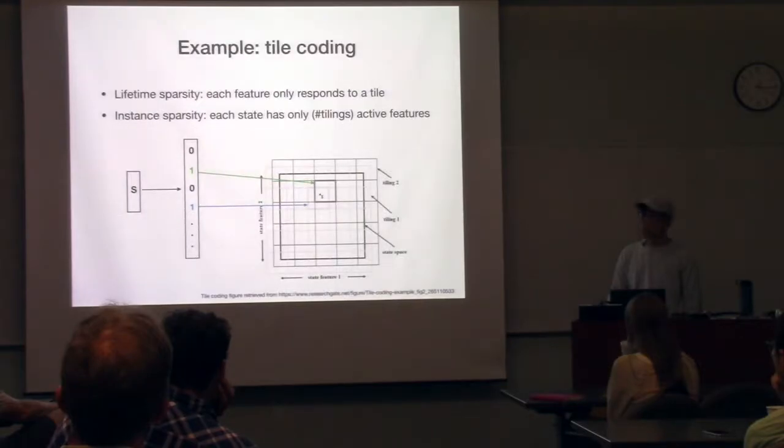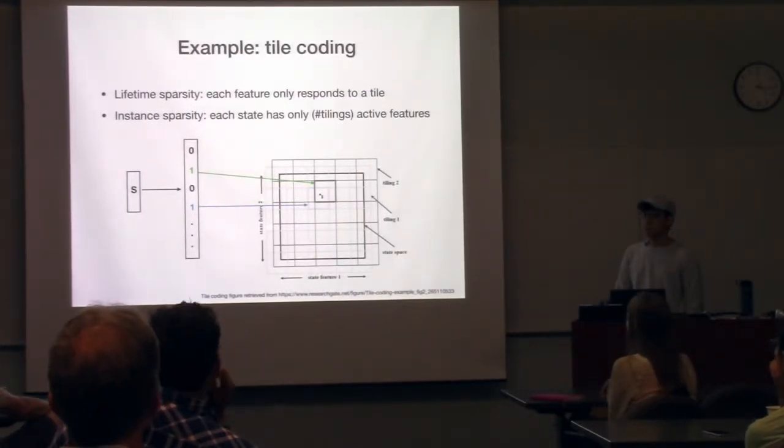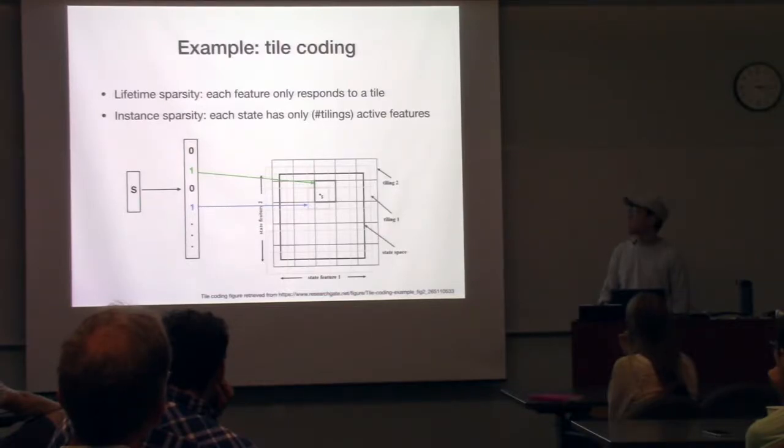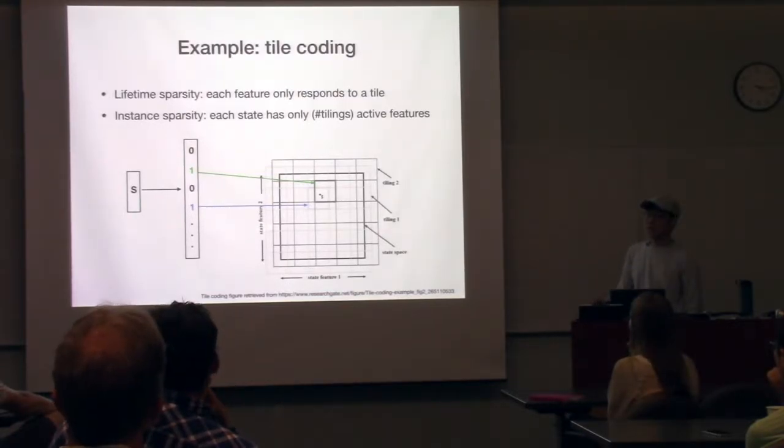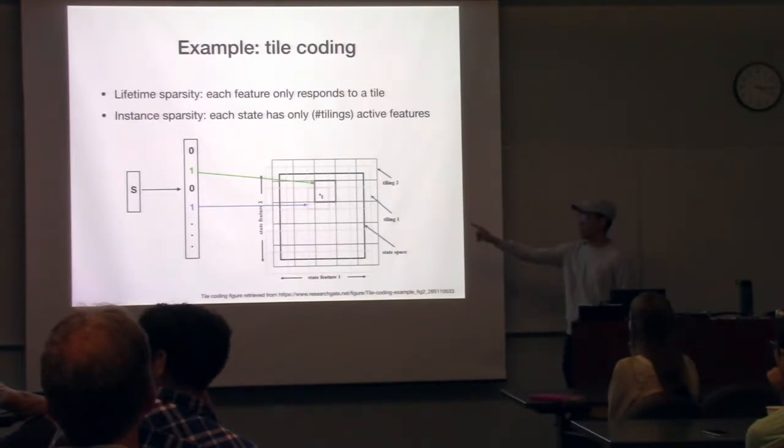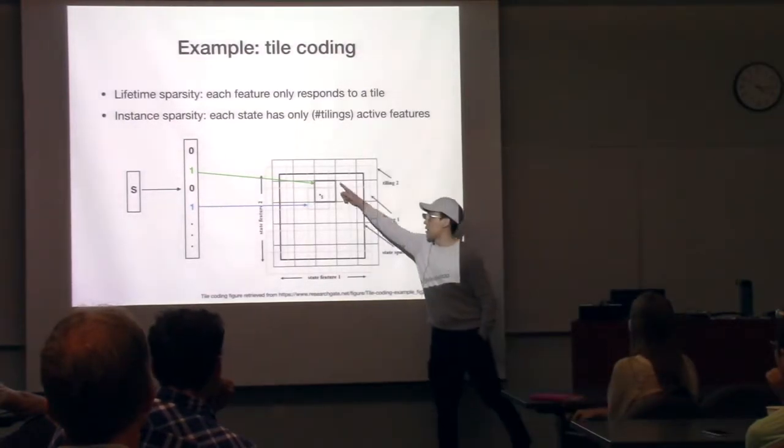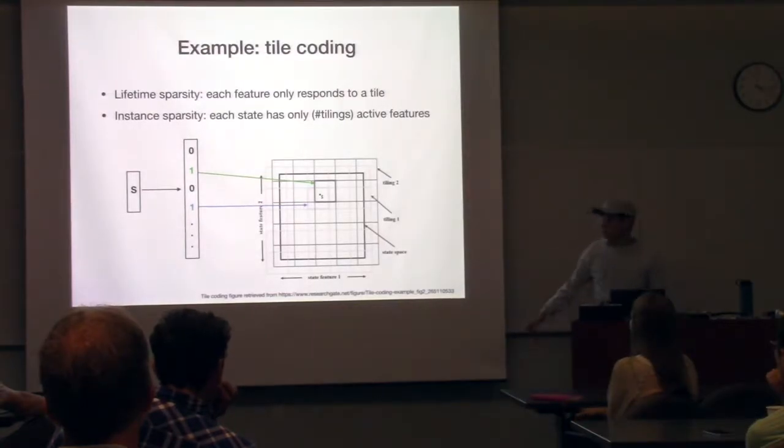Okay. So one example is tile coding. I assume everyone knows what tile coding is and how it works. Tile coding has lifetime sparsity because each feature in the tile coding representation only responds to a small tile. Like the green feature only responds to this green tile, and for other inputs outside the tile, the feature will just be zero.